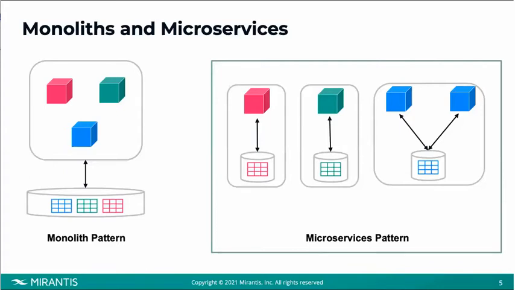But in terms of a visual representation, now that you can see when comparing these two patterns, you now have singular services, right, that are running. And if there is a need for some kind of data persistence, then they can have their own particular data store that they can reference and have access to.